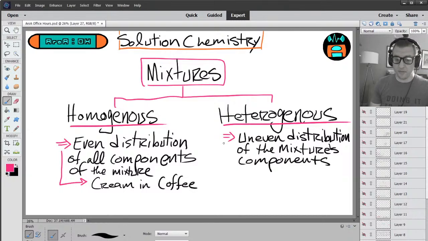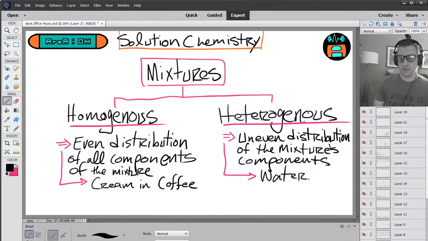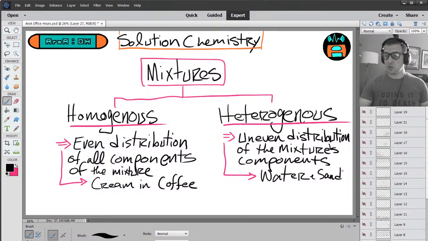An example of this would be water and sand. If you scoop into a cup on the beach some ocean water and sand, you've got the ocean water, but all the sand is kind of on the bottom. There's still water in it, right? It's wet sand. Water's still down there, but it isn't the same. There's a lot less sand up top. There's a lot more sand down below, and vice versa with water. And that is an example of a heterogeneous mixture.